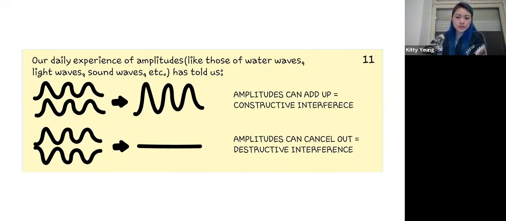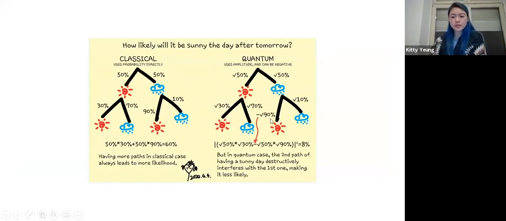This happens in quantum mechanics. And essentially, that is what we observe every day. So let me give you an example of how the amplitude is a significant quantity in quantum mechanics. Classically, if you want to represent probability, you just write out the probability.